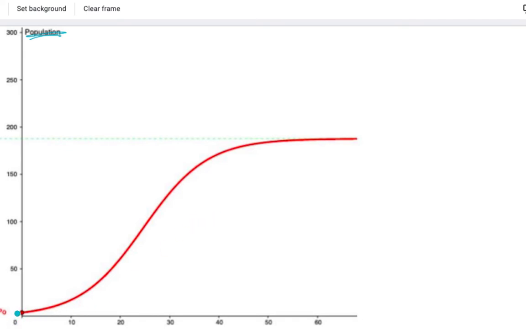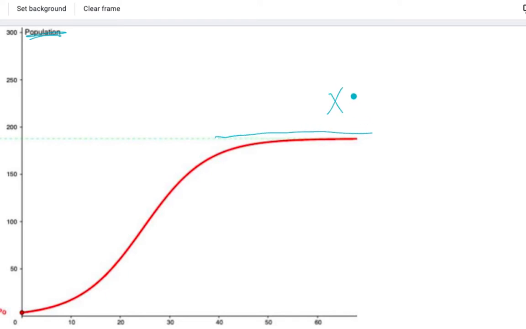So what happens is a graph will grow slowly, the population. Say we have a few people, they start to make babies, the population grows slowly, you get a lot more people, it grows faster and faster, but then say you run out of food or space, and that goes slower and slower. This asymptote is a line it will never cross.